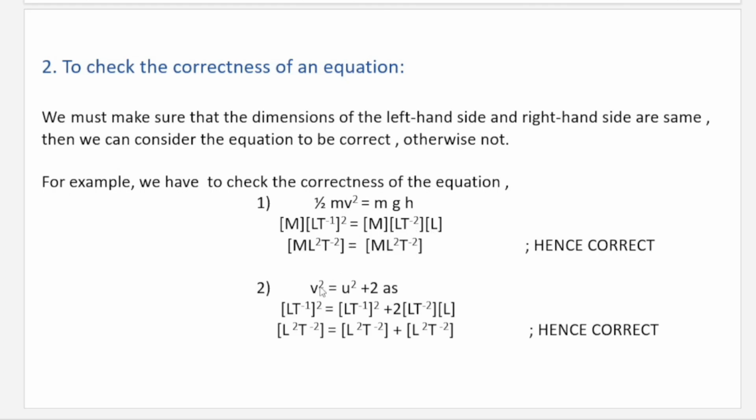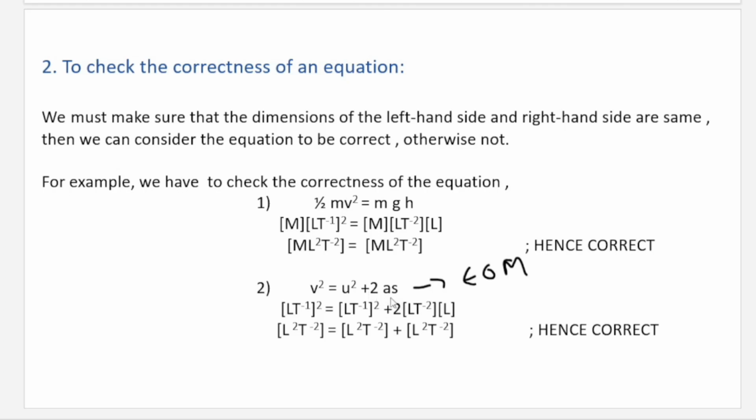And the next example is v square is equal to u square plus 2as. It is one of the equations of motion. So velocity is LT minus 1, v square, so LT minus 1 whole square equal to initial velocity whole square, so LT minus 1 whole square plus 2.